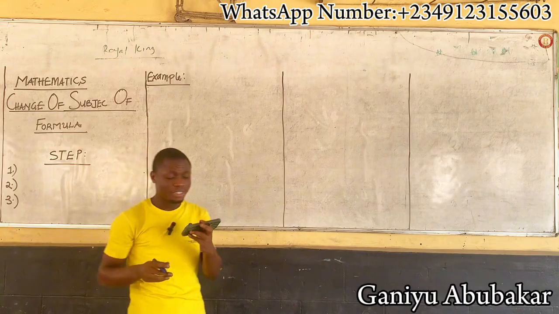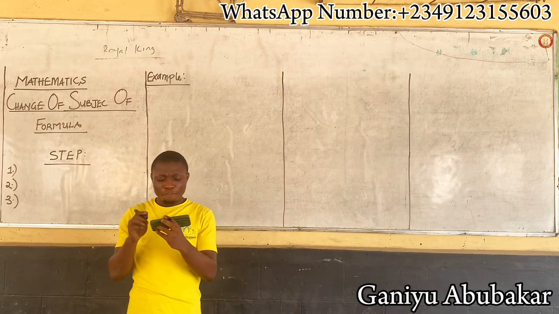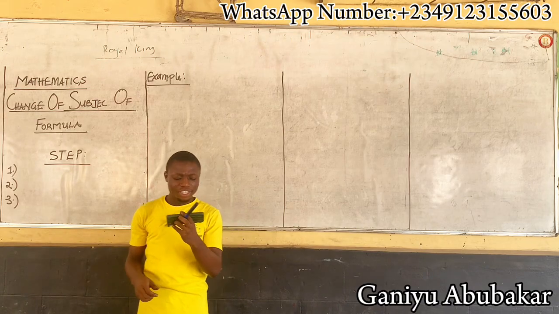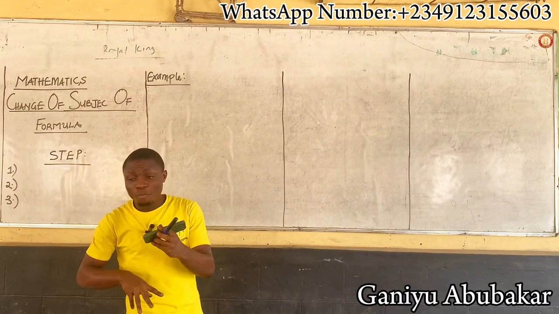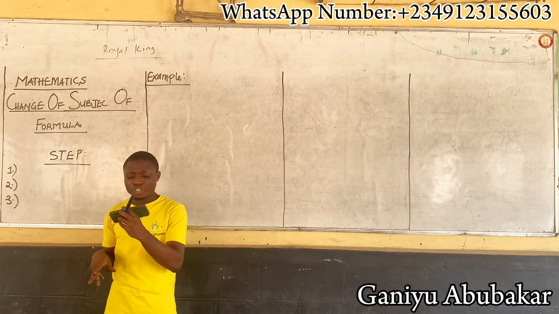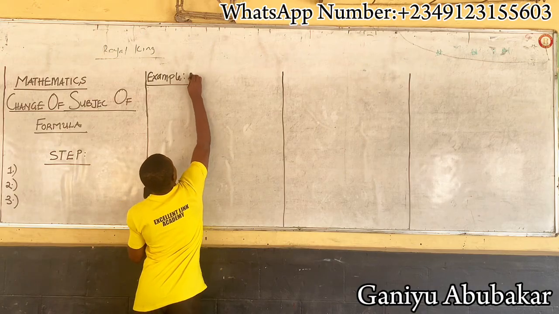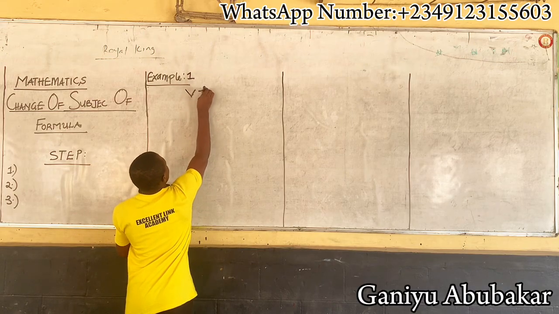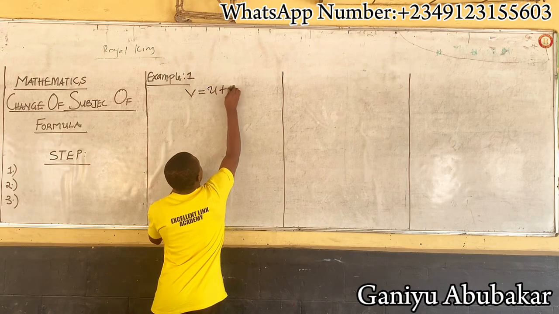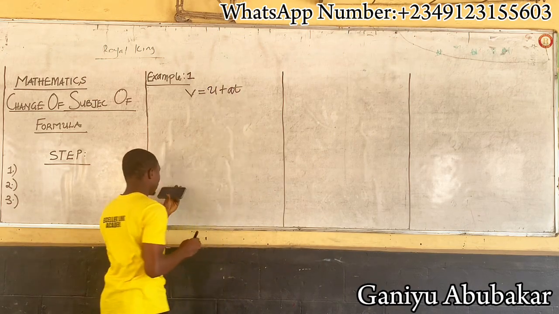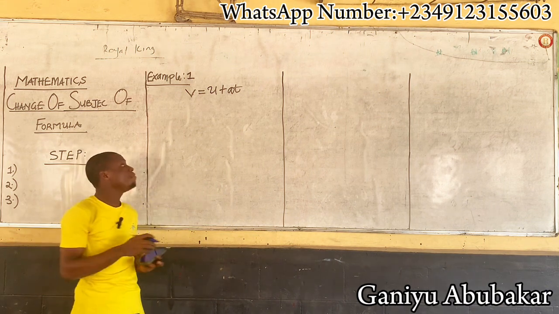Example 1 says the formula for the velocity of a moving object is v equal to u plus at.